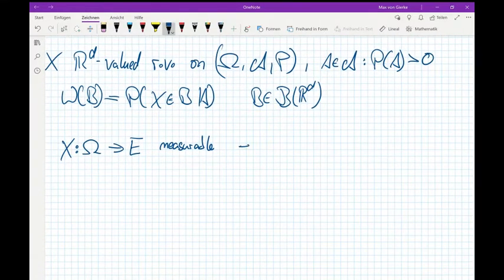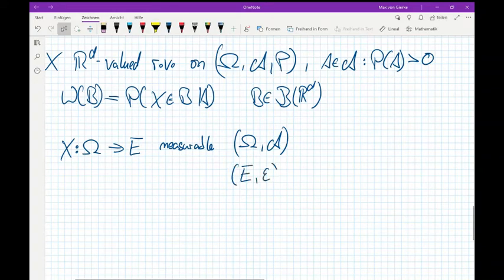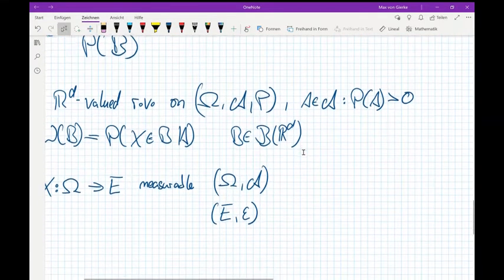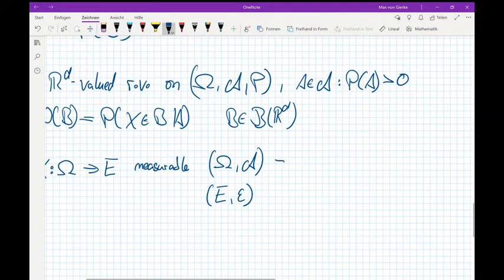So we have two measurable spaces. This one, we know it from our probability space here, and another one. Both are measurable spaces, and they have in general nothing to do with each other. That being said, this one is called the sample space, and this one is called the state space.